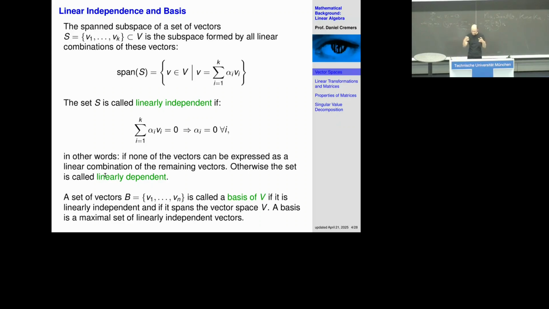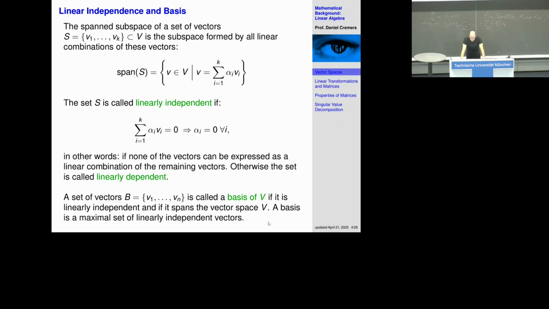So you add any vector that cannot be expressed as a linear combination of the existing ones. And then at some point you reach a set that is maximal, meaning there are no more vectors that you can add and still have a linearly independent set. And once you have that, it's called a maximal set of linearly independent vectors, and this is what's called a basis.